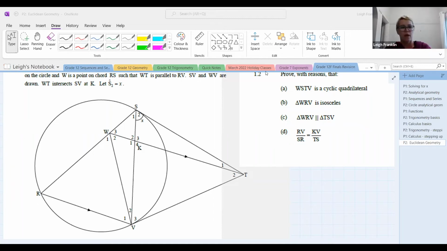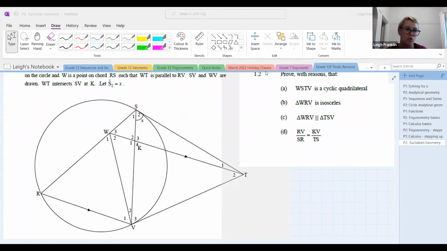Okay, very, very important. Then they say to us that SV and WV are drawn. WT intersects SV at K, and they've said let S2 equal x. All right, so now that angle S2 happens to be an angle between a tangent and a chord. The tangent is ST and the chord is SV.